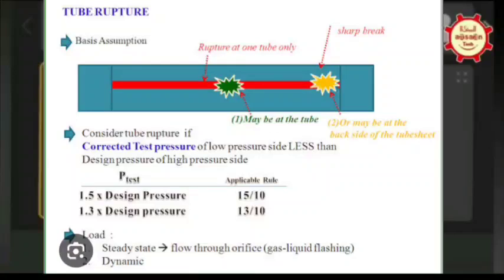Yeah, I searched on the net also. It said tube rupture something. If my shell side pressure is maybe 20 and tube side is 10, then shell side pressure will act on the tube and it may rupture. Then we will apply the 10 by 13 rule. Where will we multiply 10 by 13, on shell side pressure or tube side pressure?